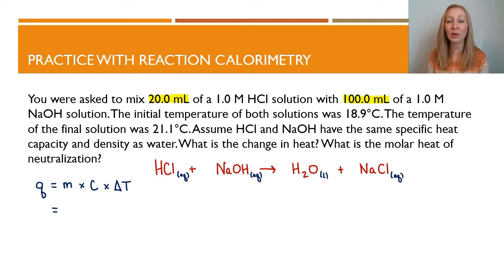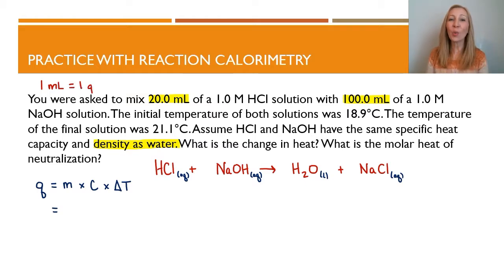Now the mass of the water: we have 20 milliliters and 100 milliliters of solution. In order to figure out the mass, you need to know the density of the solutions. We said in the problem that the density of the solutions is the same as the density of water, and 1 milliliter of water is equal to 1 gram.